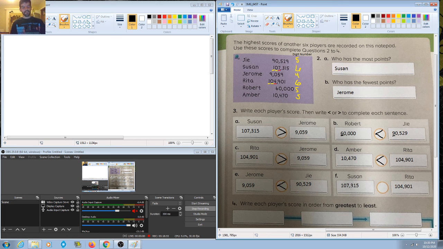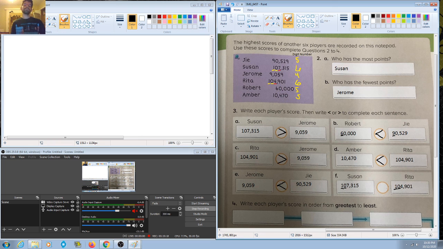And then in this case, again, we saw this a little earlier when we compared to find the largest score, Susan and Rita both have a 6-digit score. So we see that the 100,000th place is the same and the 10,000th place is the same. That's okay though.